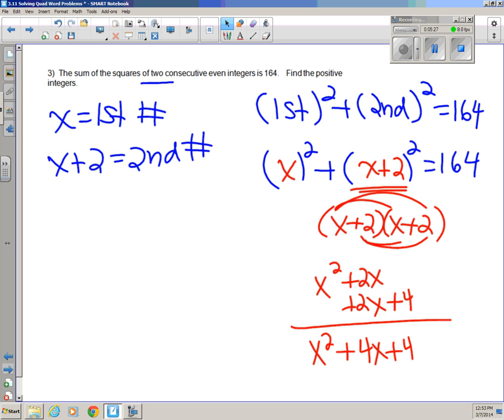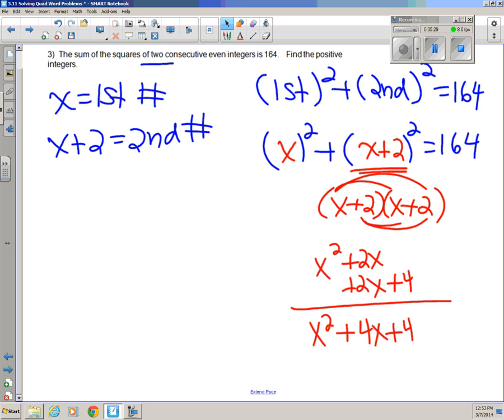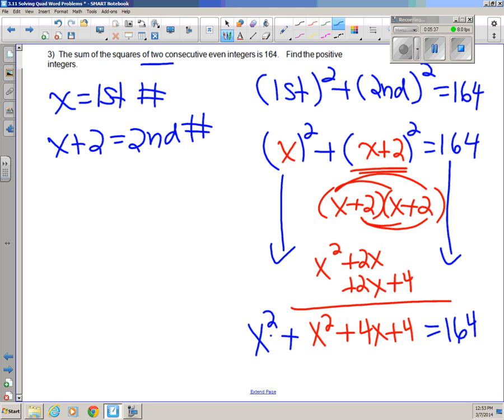That's just that second number that's squared. This first thing right here is just x squared. And then don't forget, you're equaling it to 164. So the squares of those numbers are x squared plus x squared plus 4x plus 4 equal to 164.